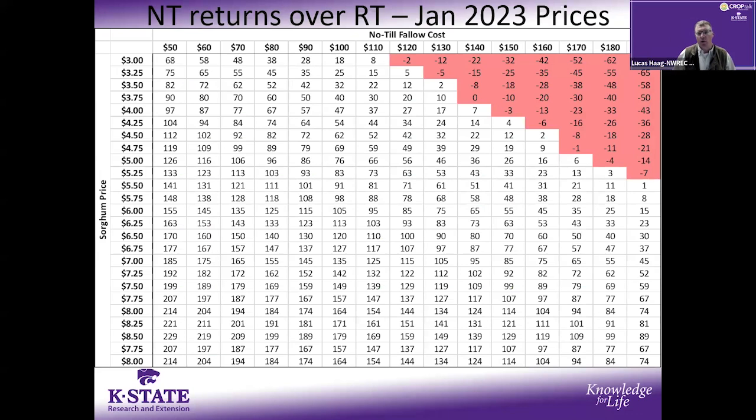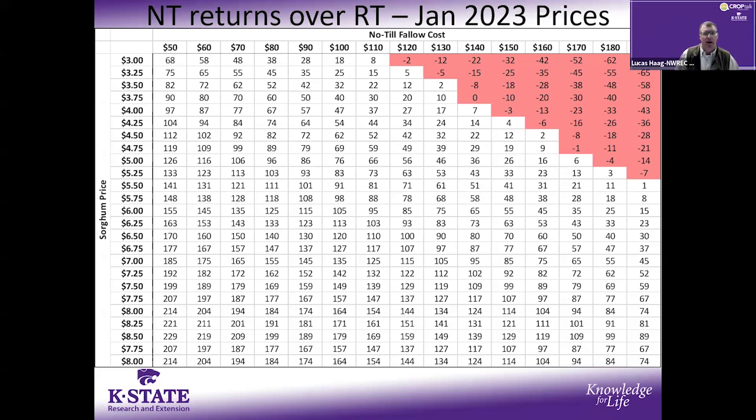Okay, so January of 2023, that's when we had a real spike in herbicide prices, if you remember. So that's really got us to thinking about this. And so anywhere in red is where reduced till would have an economic advantage in net returns. Anything in white is where no-till would have an economic advantage in net returns.